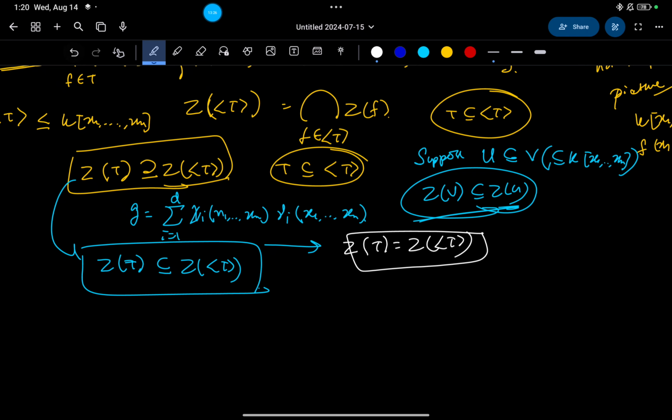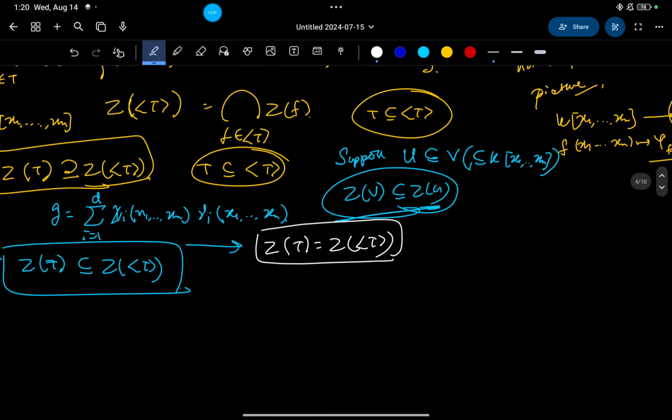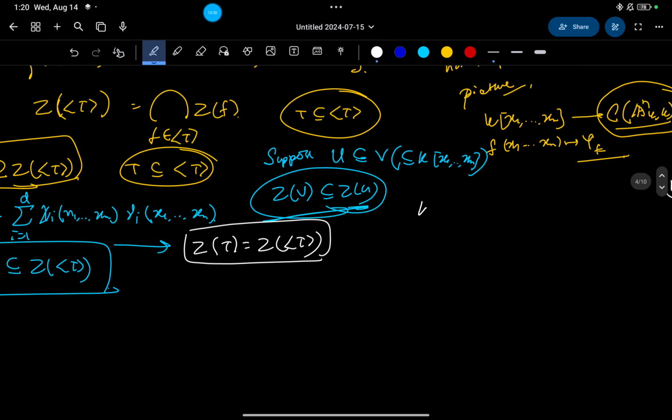Now here is a very beautiful interpretation. Note that k is a field, right?